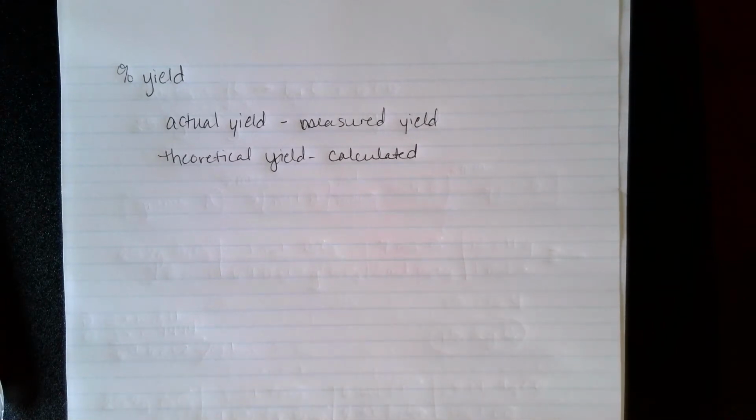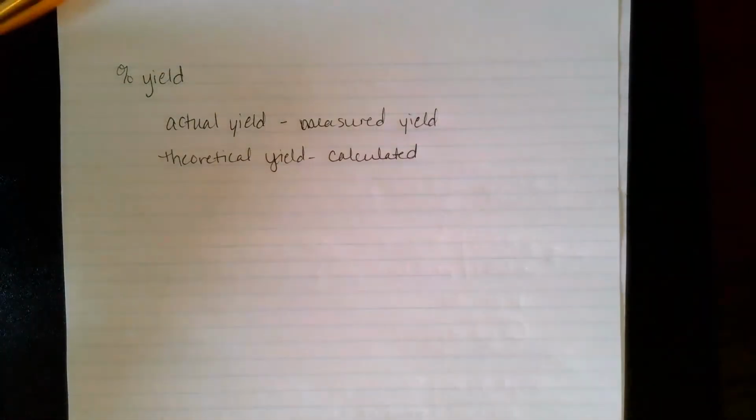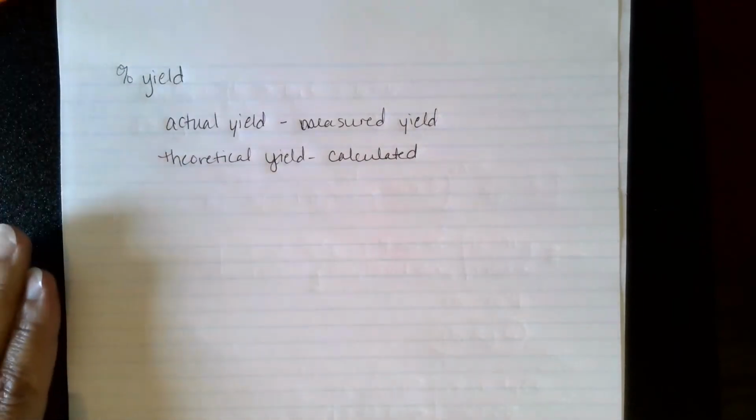And typically in a chemical reaction, this happens. I'm going to lose some. There's going to be inefficient processes that are going to result. I might lose some of the product. There's a number of reasons that you wouldn't get exactly what you had calculated or what you thought you were going to get. So a lot of times we calculate that percent yield.